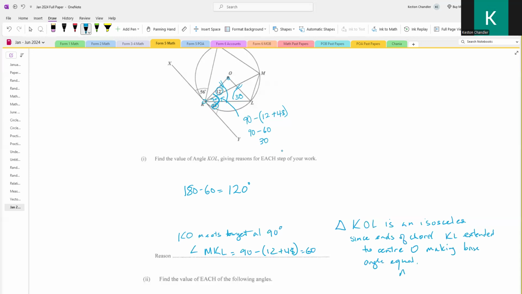Angles in a triangle, the sum of angles equal 180.